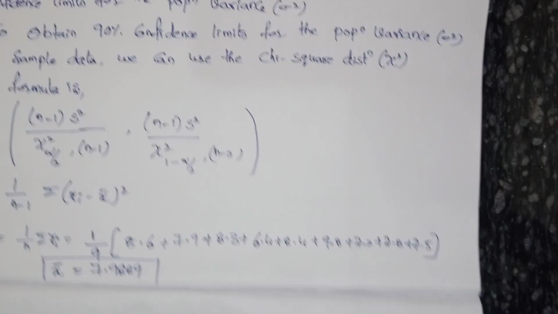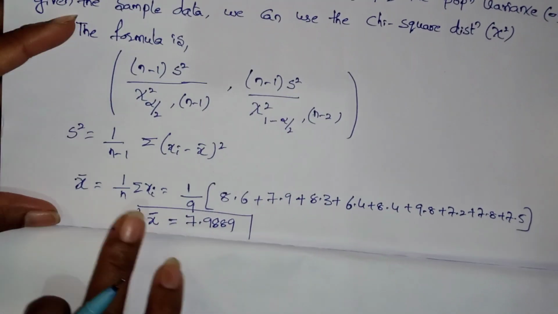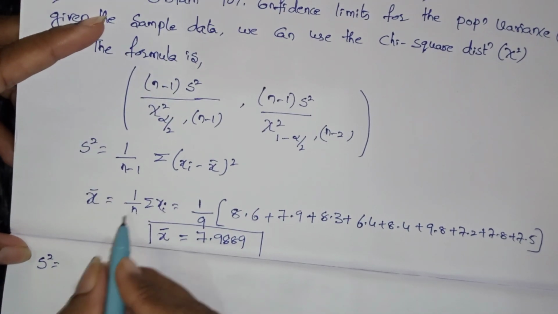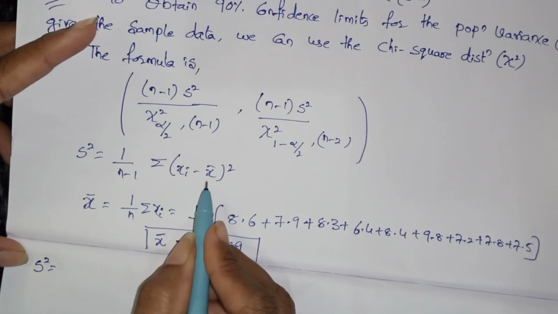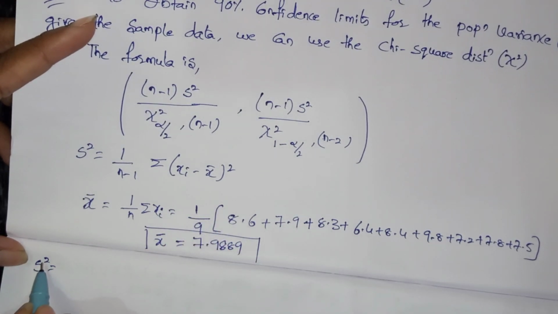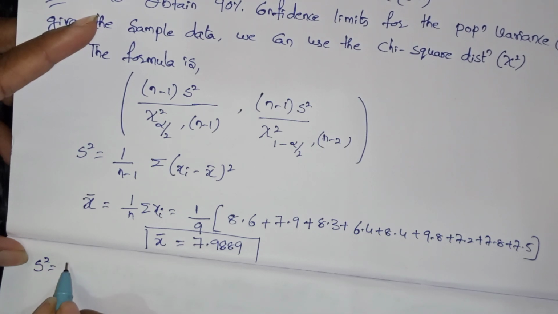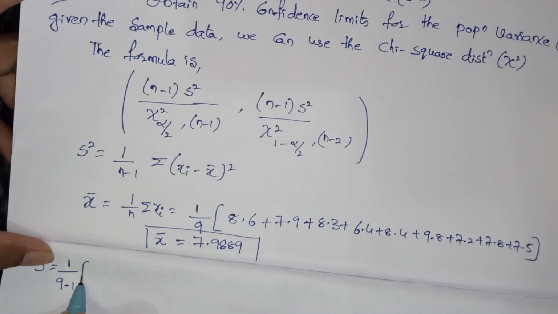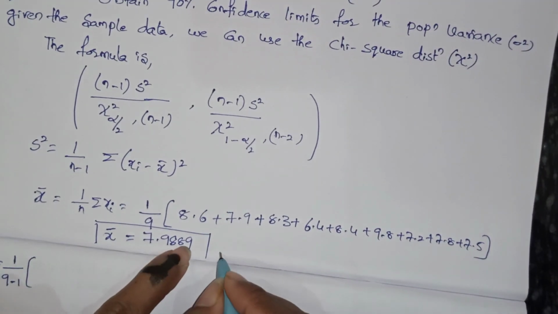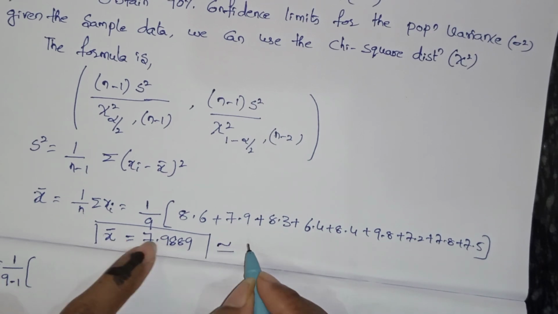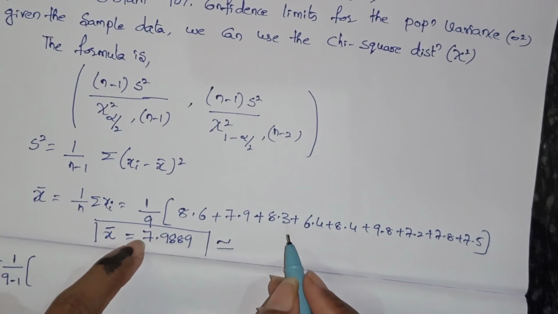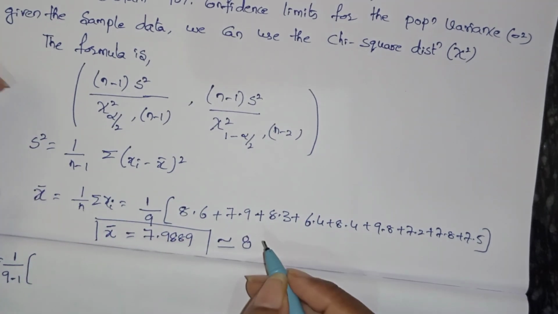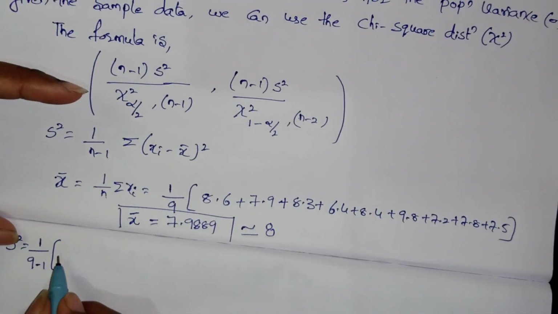Now we have to find s square. This is the formula: 1 by n minus 1, that is 9 minus 1. For our convenience, I am going to round x bar: 7.9 is nearly 8, so x bar is 8.